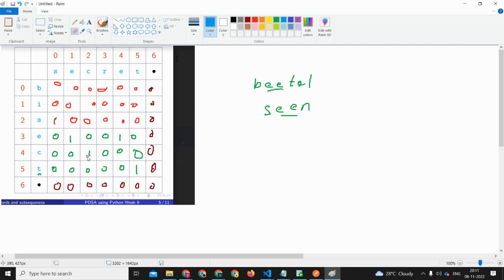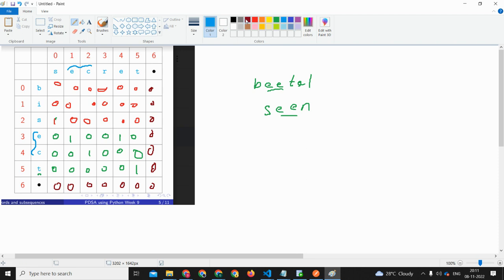the same letter is not occurring in both words, right? So when is the same pair of letters occurring in both words? Let's say EC. EC is happening at the 4th letter and the 5th letter of bisect, and it's happening in the 2nd letter and the 3rd letter of secret, right? How do you know that's happening?